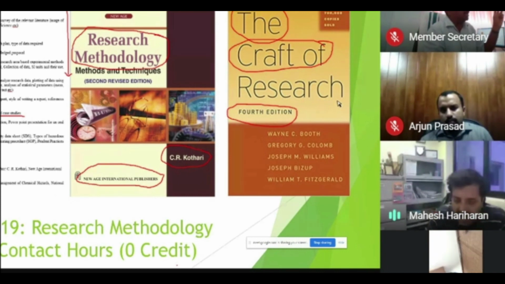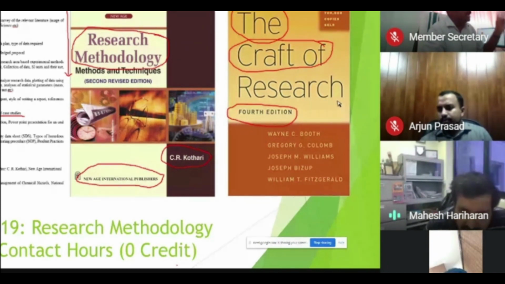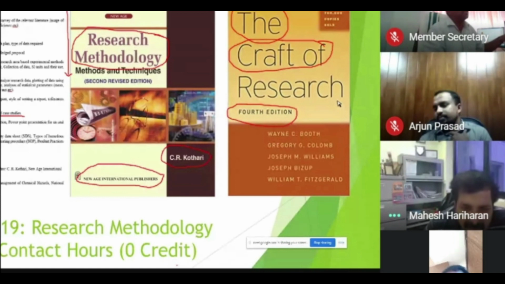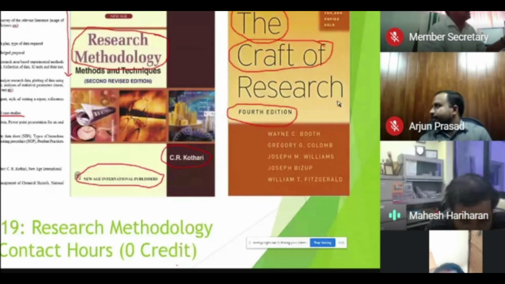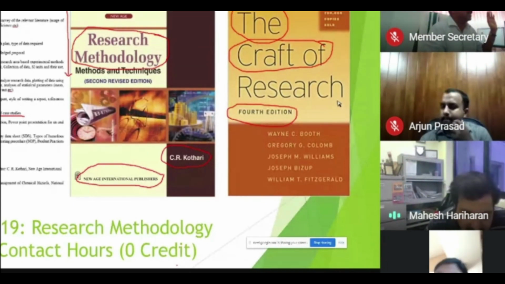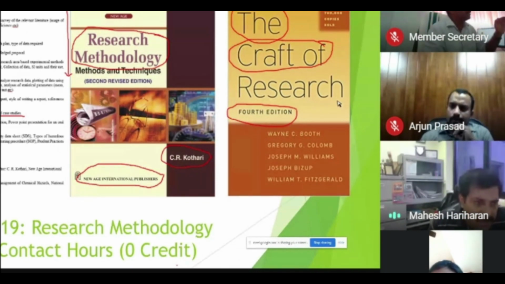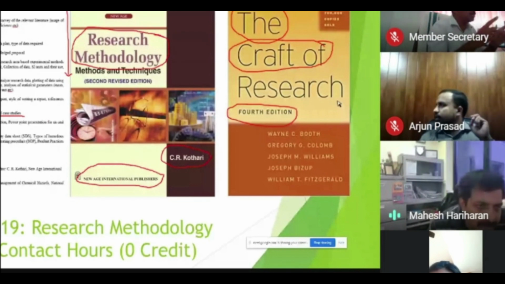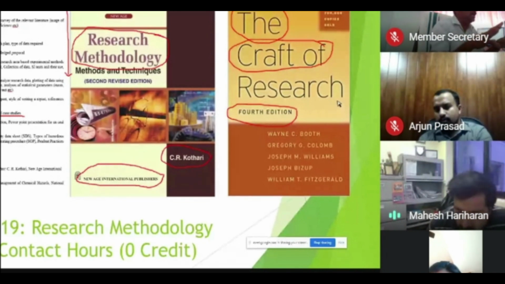It is quite interesting to note that it is a 0 credit course, which means that by taking this, students will not get any credit, but this is a course that is insisted on by MHRD and UGC, that students must be taught about the research methodology, how to conduct research, what are the essentials of research methodology, and also various other aspects that you see here, some of which I will be covering today, the most important ones.